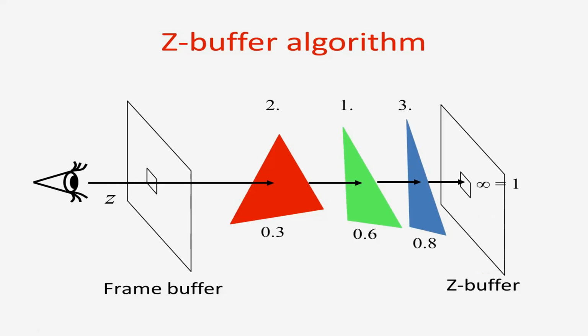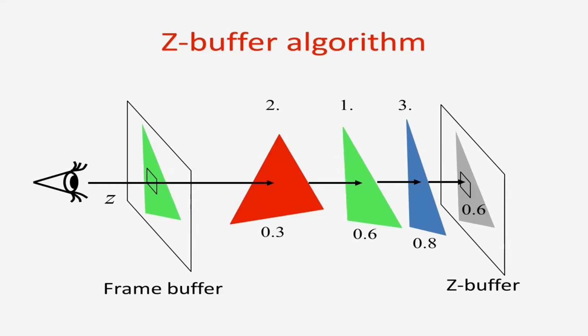The algorithm takes triangles one by one in an arbitrary order. A triangle is projected onto the screen and rasterized. That is, we visit those pixels that are inside the triangle's projection. At a particular pixel, the z-coordinate of the point of the triangle visible in this pixel is computed. This is the same as ray triangle intersection, and the triangle's z-coordinate is compared to the z-value stored in the z-buffer at this pixel.